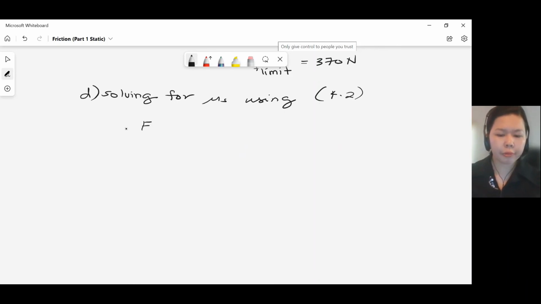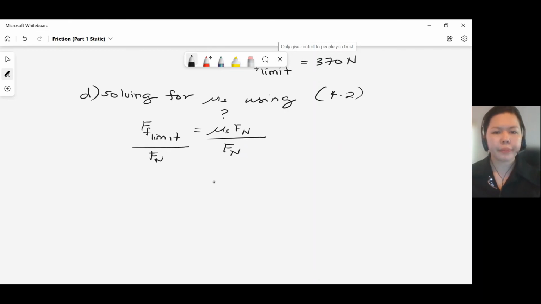The F limit is equal to mu s Fn. We want the mu s, so we divide the entire equation by the normal force Fn. Fn over Fn, that's 1.